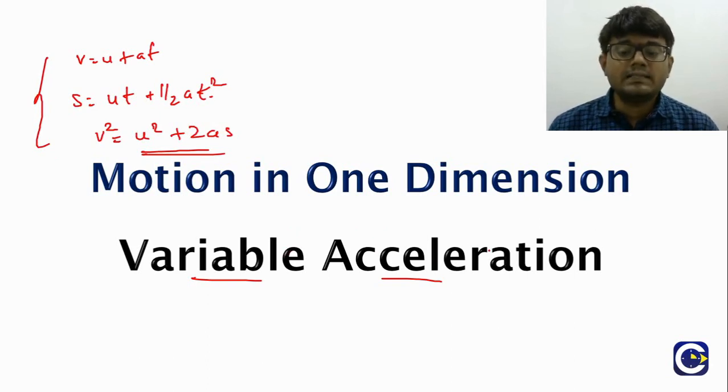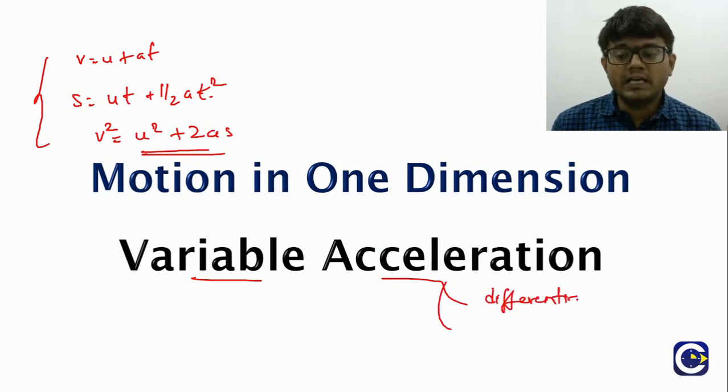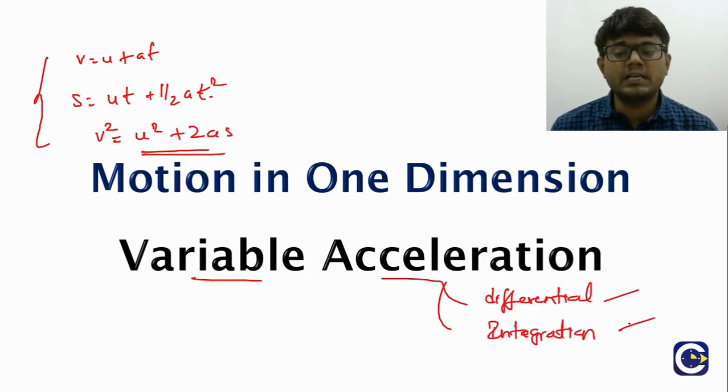So if the acceleration is variable, then definitely we will be having either differential relations or integration based relations. So we'll see how we'll use these differential relations or the integration relations. But in this case, what we need to keep in mind is the relations will be for the instantaneous quantity.